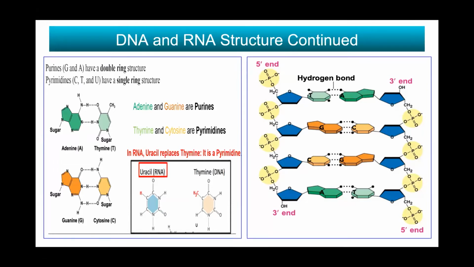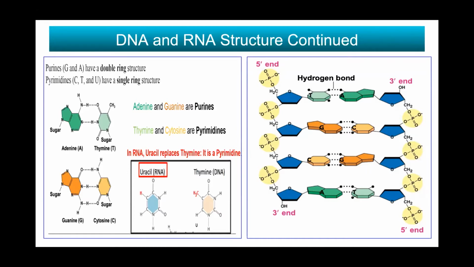If you look to the right at this picture of the DNA structure, you can see how DNA is built up. You can see that it's made up of a bunch of base pairs, and in the middle you can see this hydrogen bond pattern.